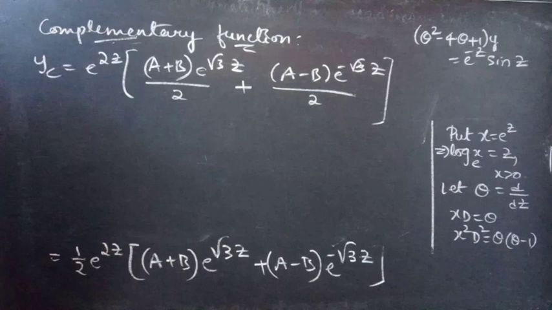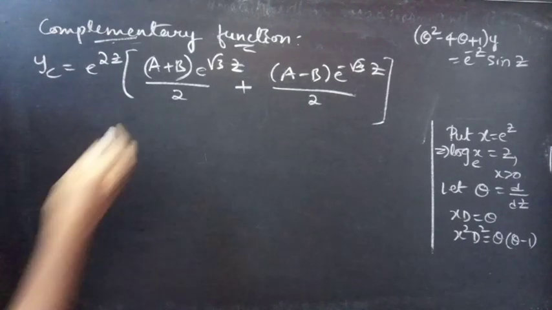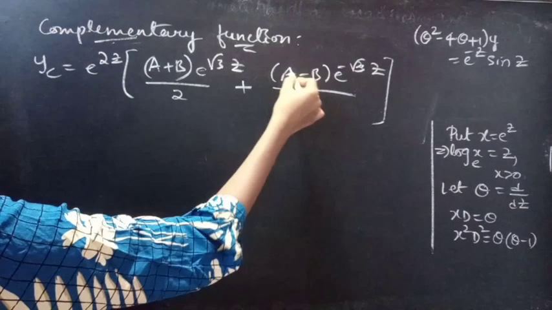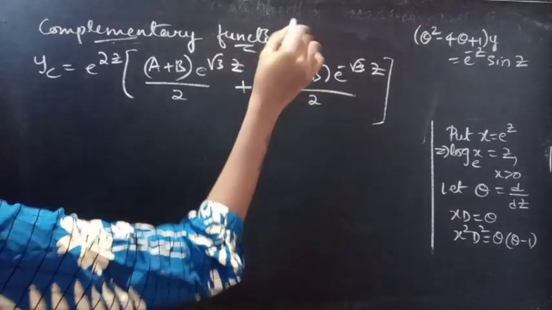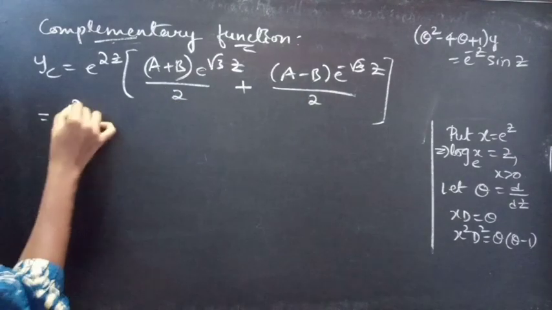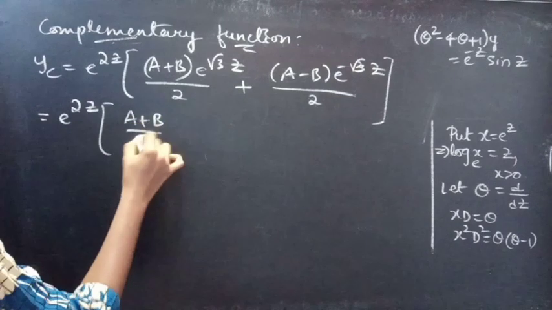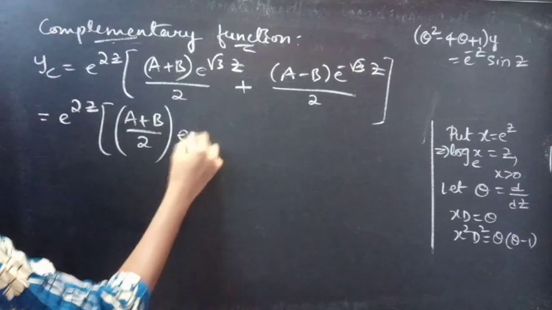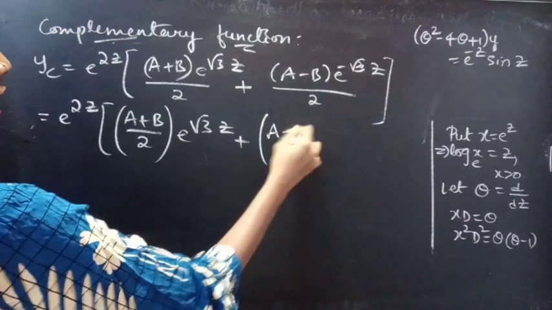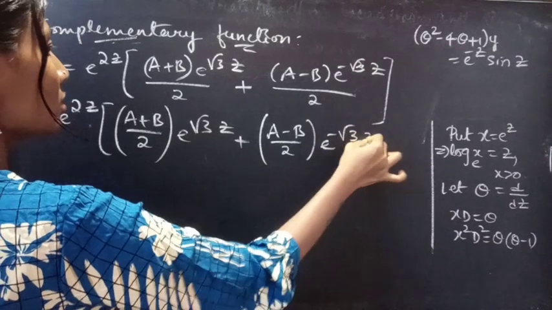Okay. Here a plus b is constant and also by 2 is constant. A minus b also constant and by 2 is also constant. So we can write it as e power 2z into (a plus b by 2) into e power root 3z plus (a minus b by 2) into e power minus root 3z.